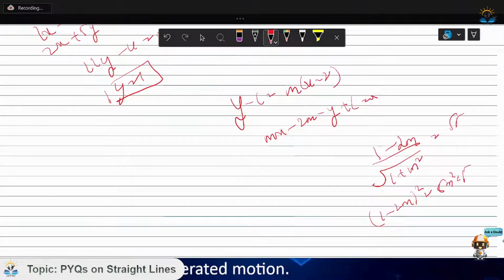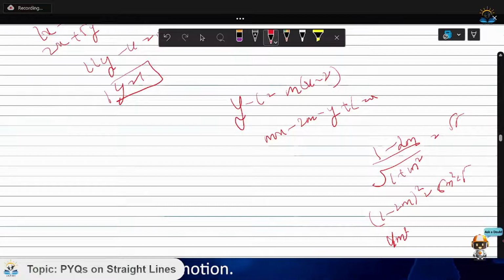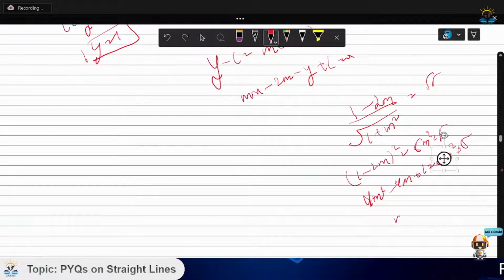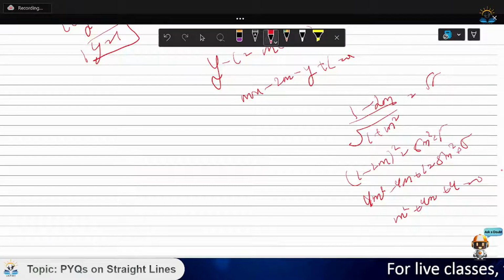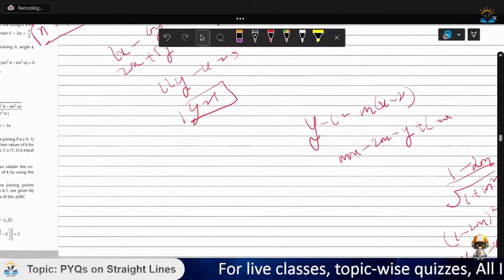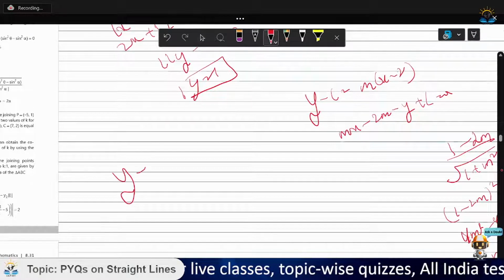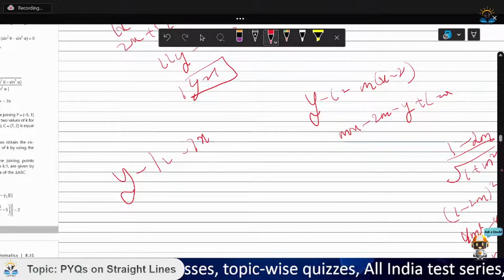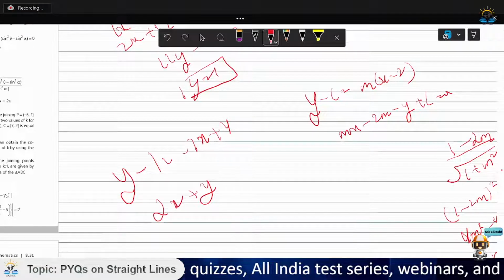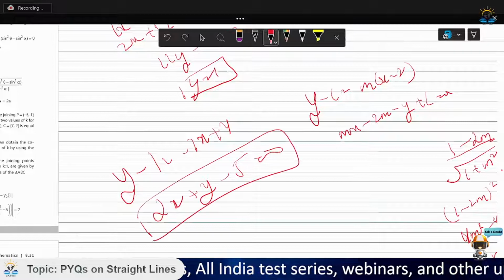And this gives me 4m square minus 4m plus 1 is equal to 5m square plus 5. And this gives me m square plus 4m plus 4 is equal to 0. M becomes minus 2. So my equation becomes y minus 1 equals minus 2x plus 4, that is 2x plus y minus 5 equals 0, is my equation.